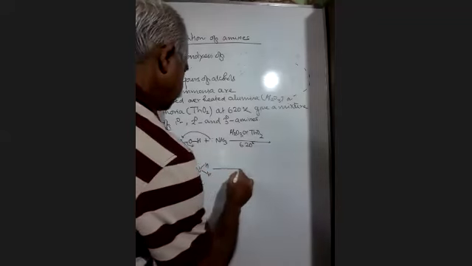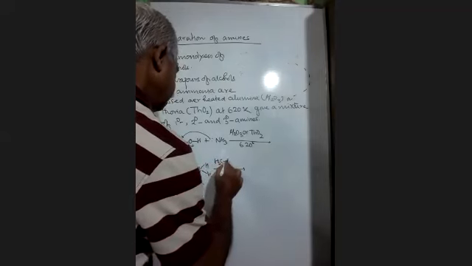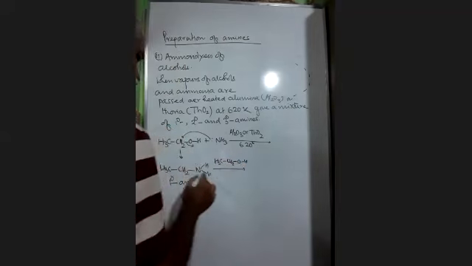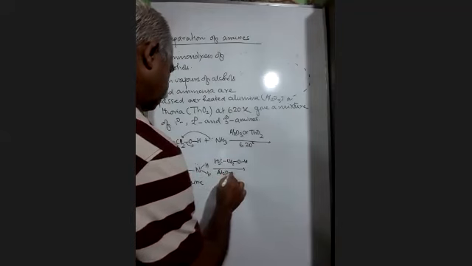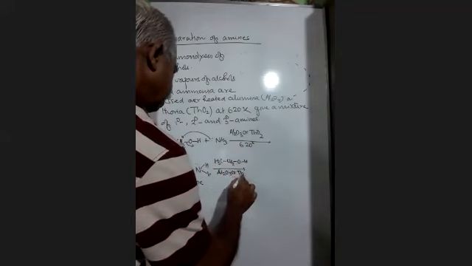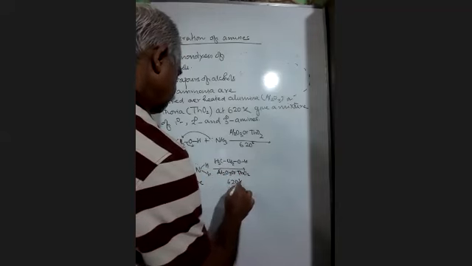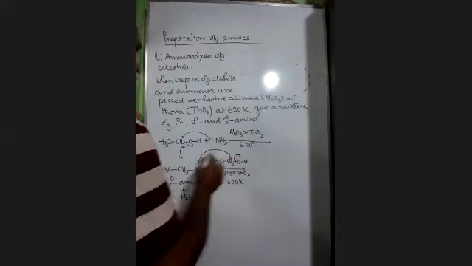Then again it is going to react with another molecule, CH3CH2OH. Here I'll write Al2O3, ThO2, 620 Kelvin. Water will go out.